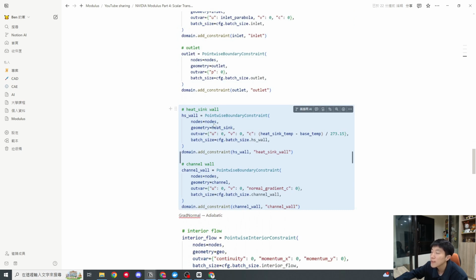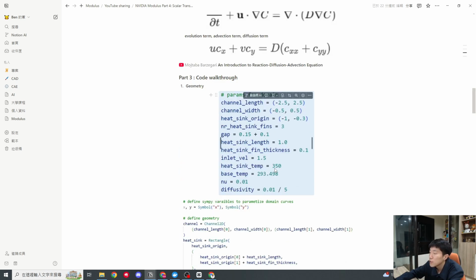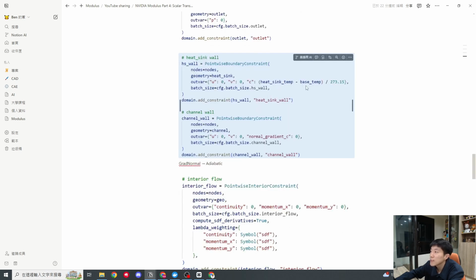And in the heatsink wall, the velocity is 0, and the temperature is set to be normalized to 350 minus 293. So this is a fixed temperature in the heatsink wall.